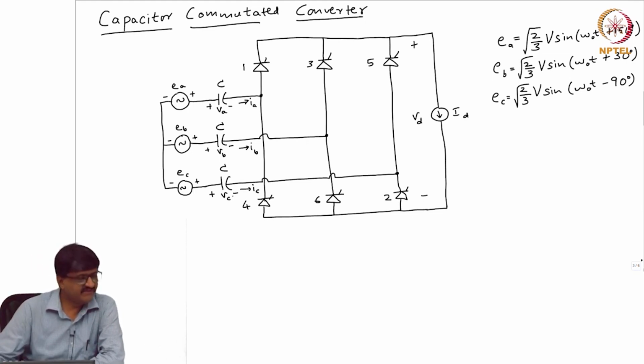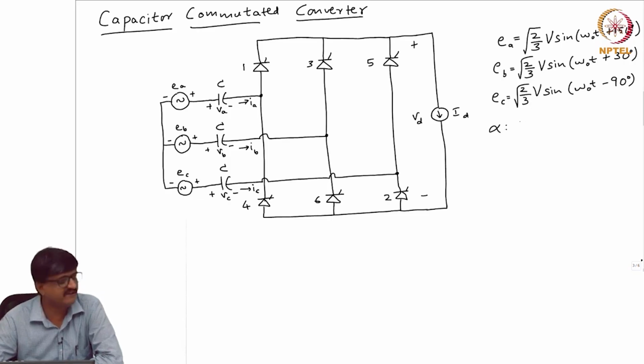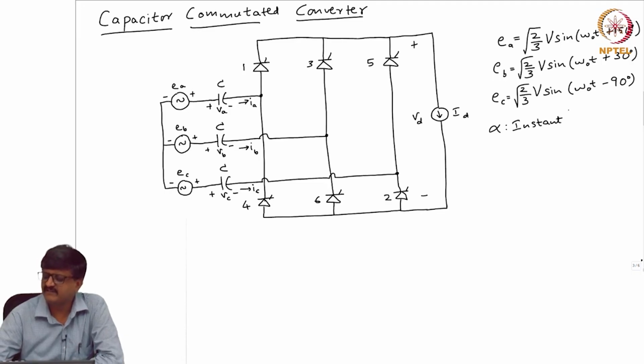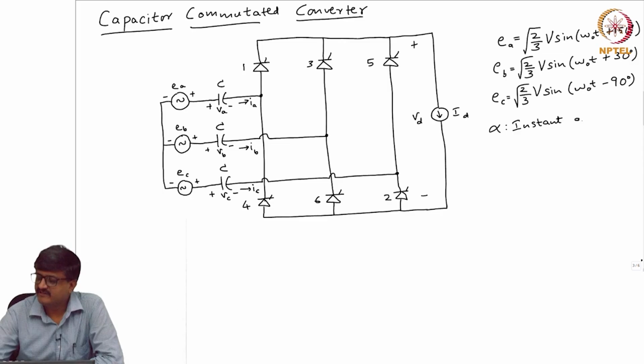We have been using this notation alpha. So, what is alpha? It is the instant at which valve 3 is turned on. Though I say instant, I mean its angle, because most of the times our independent variable is angle.